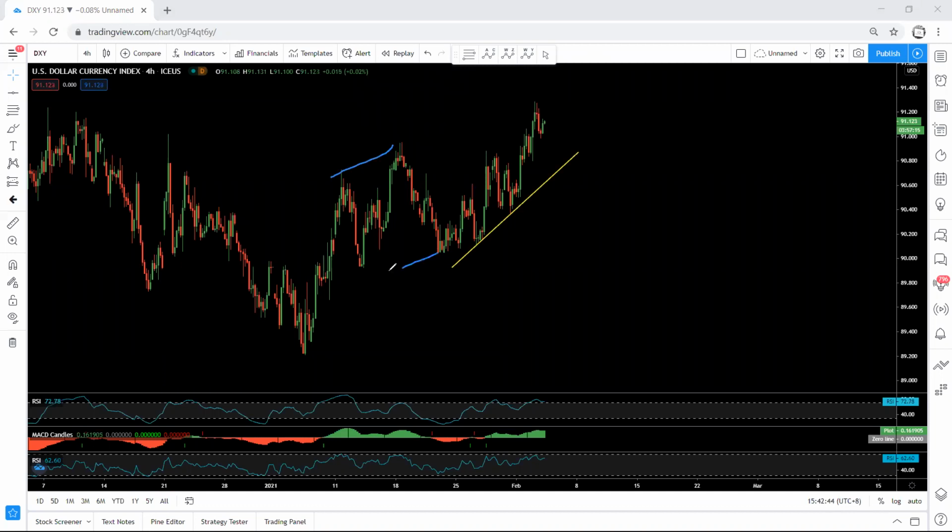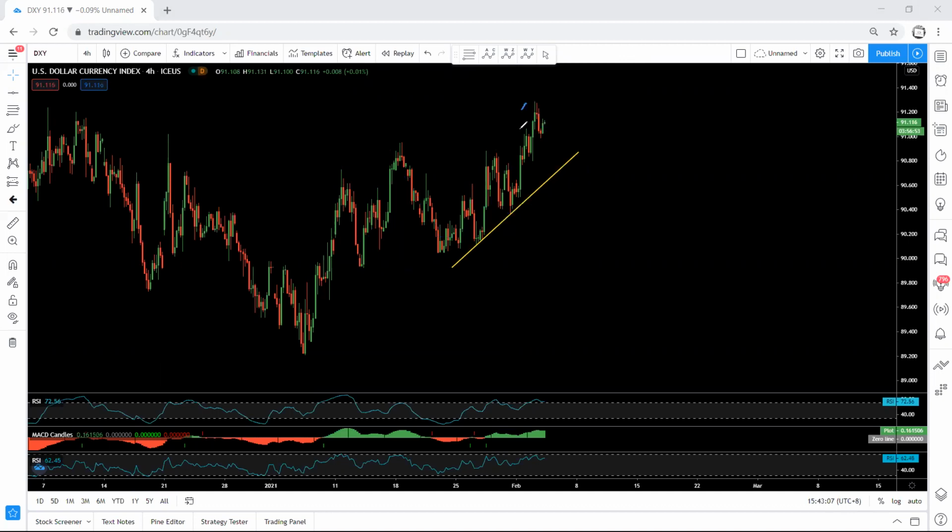In relation to this and this, we need to know this is the only correction, and if this is the only move, we can expect the reversal, or we can expect a bigger correction here. That means we are still within a bigger correction before we start the next move up.